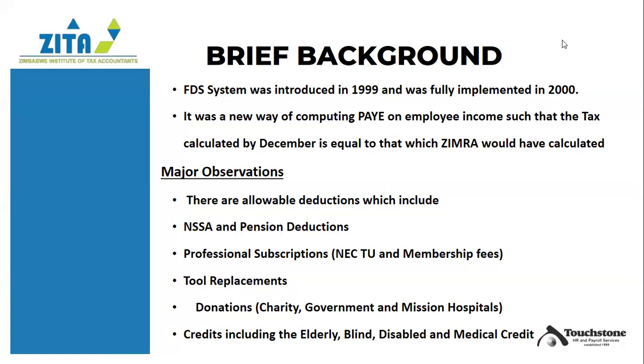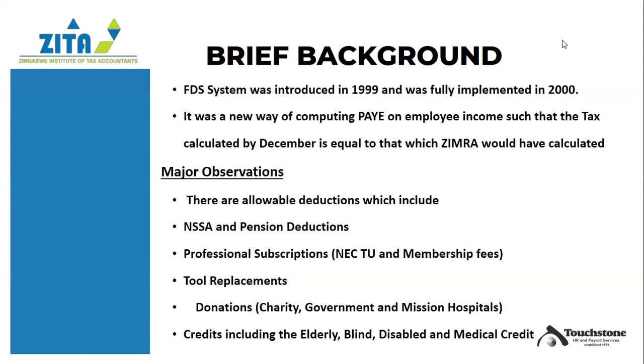This was a new way of computing PAYE on employee income, such that the tax calculated by December is equal to that which ZIMRA would have also calculated. This was a new way versus the old PAYE calculation which we had.